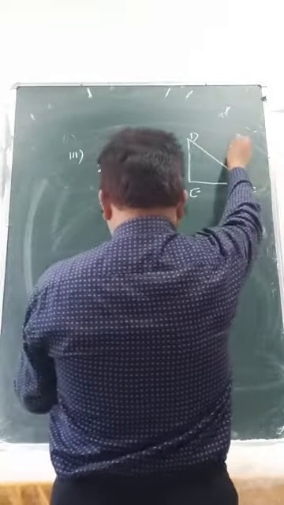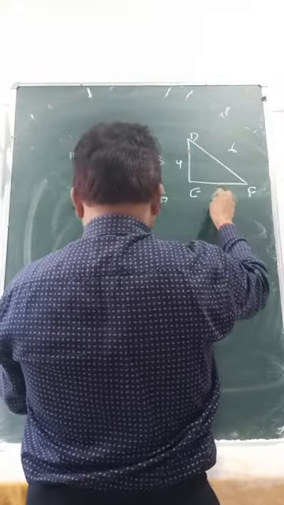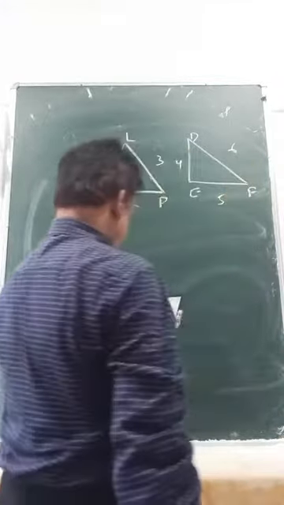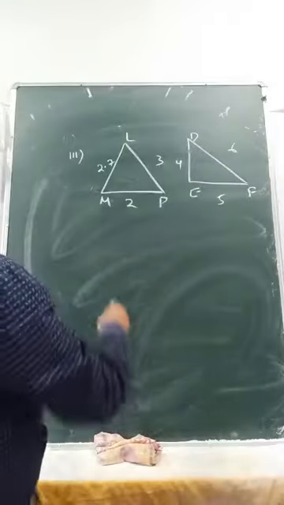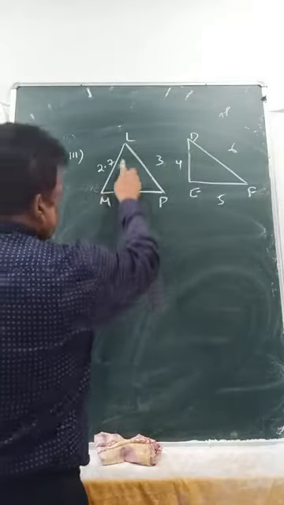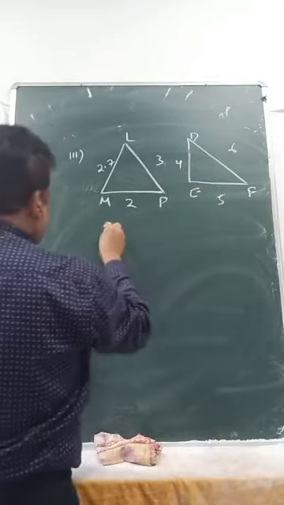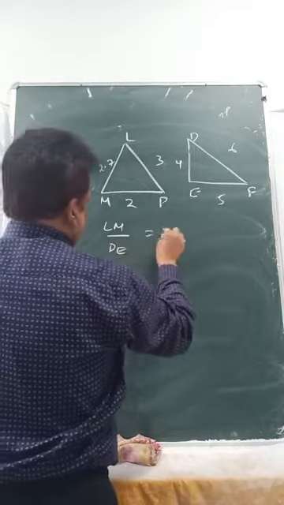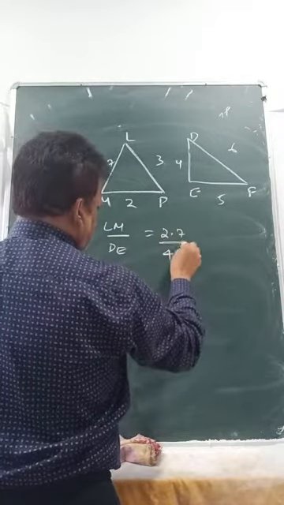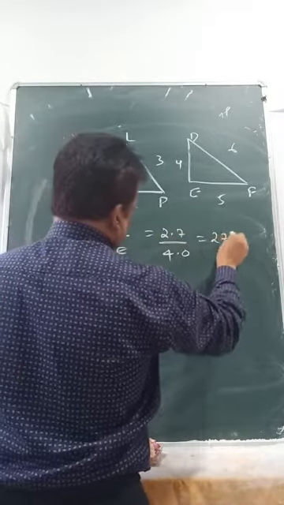So this is given 6, this is 4, this is 5. Now you say they are similar or not. You can say LM, now it is given in corresponding form. What is LM by DE? 2.7 by 4.0, 27 by 40.